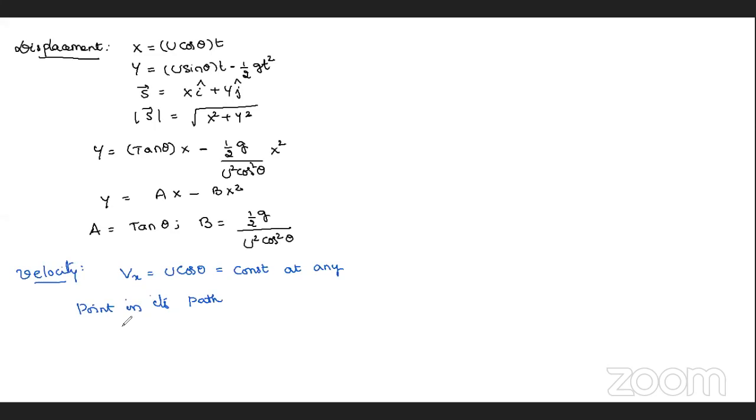And Vy is u sine theta minus g t, we got yesterday. And in vector form we wrote v bar equals Vx i cap plus Vy j cap, and mod v bar equals root of Vx square plus Vy square.